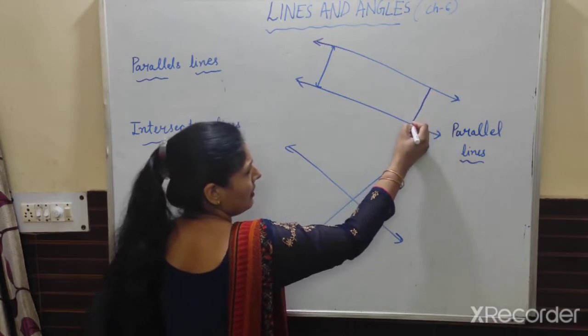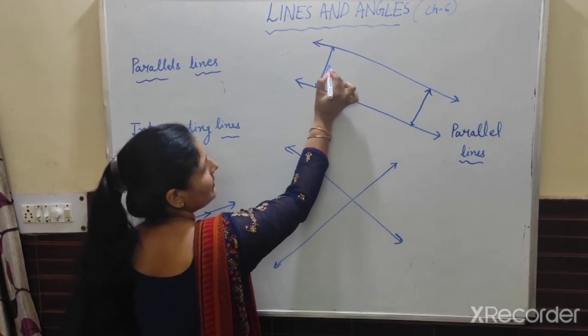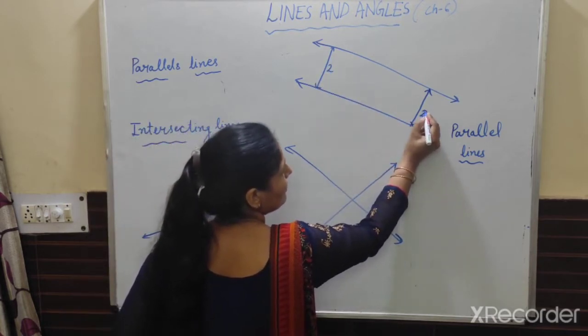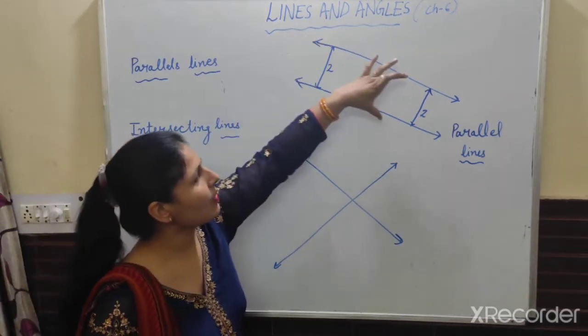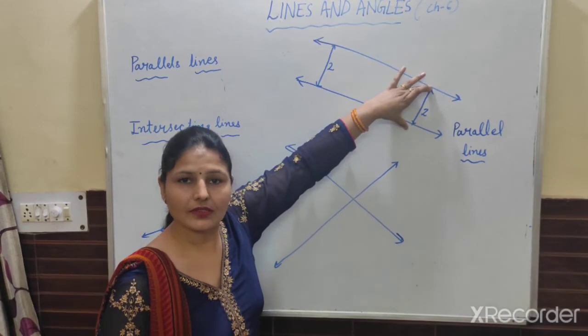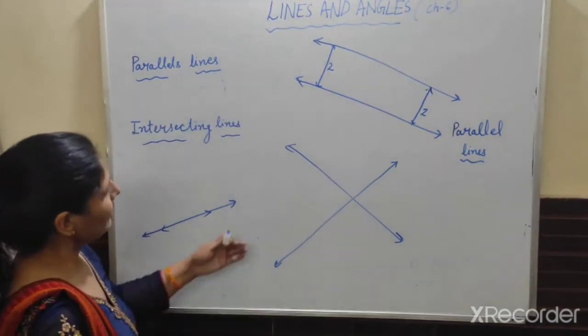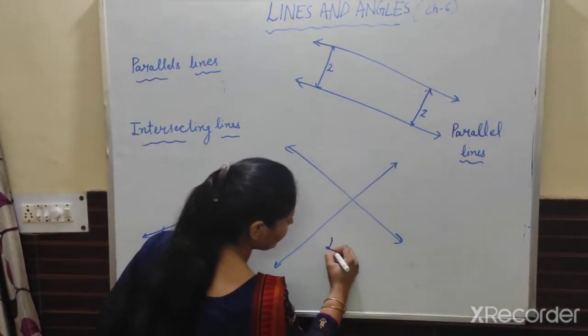It will always be constant. If here it is 2, then here it should also be 2. The difference between them is always constant. Okay, these lines are called parallel lines.